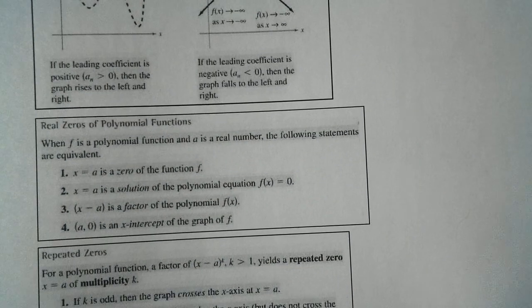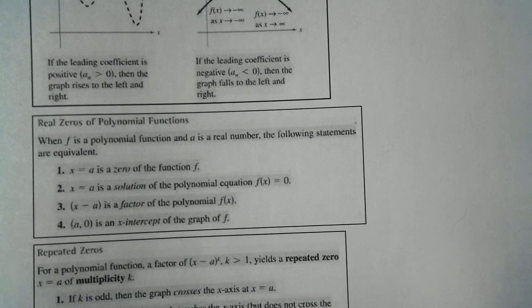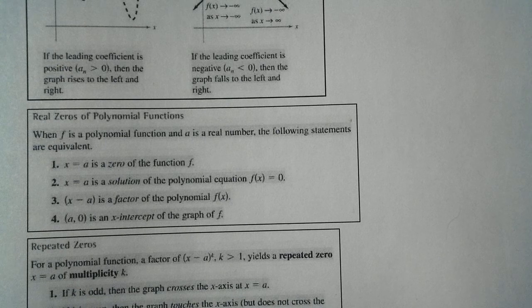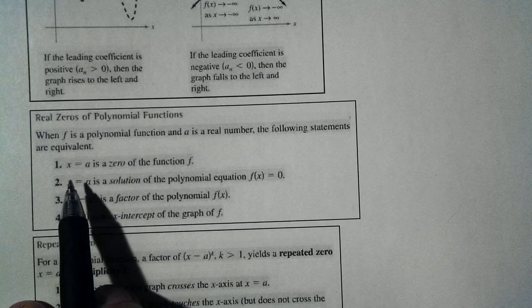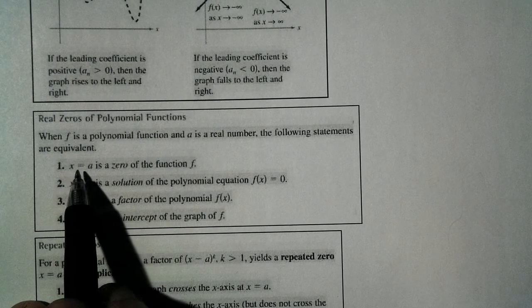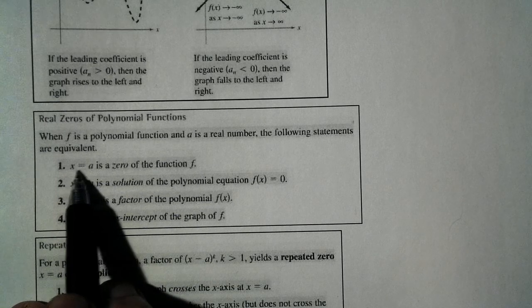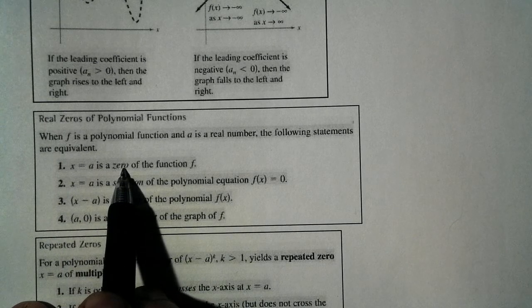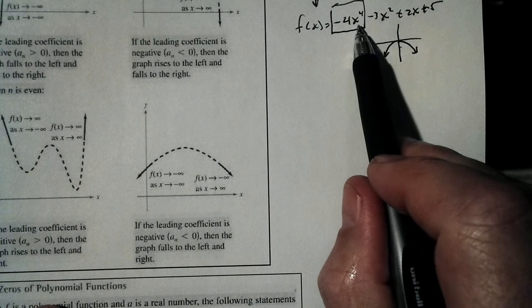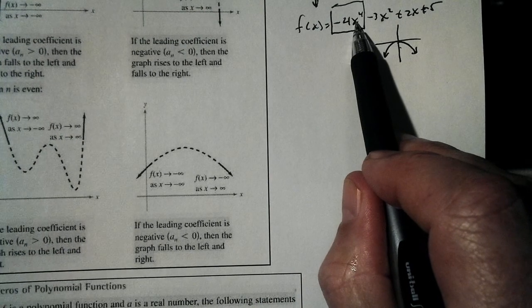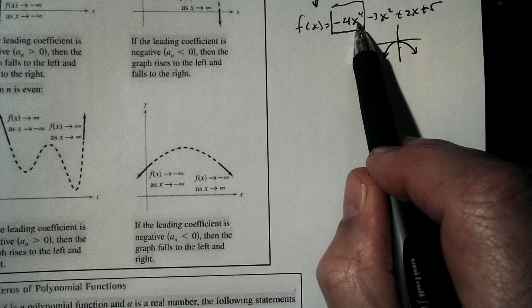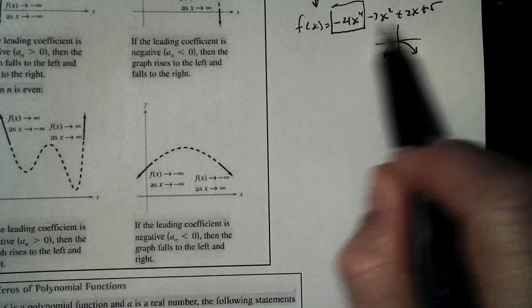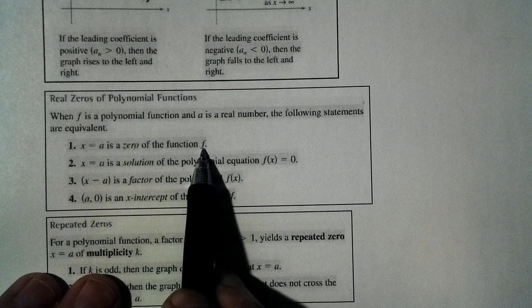Now the second, a lot of what we're going to be doing the next couple chapters could just be called the search for zeros. Oftentimes we're very interested when functions pass the x-axis. So if we have a function and it's a polynomial, if x equals a is a zero of the function, in other words, if I put some number a in here and it turns this into 0, then it's a zero of the function.